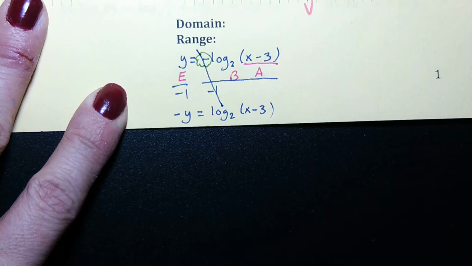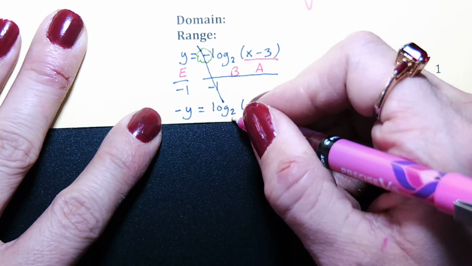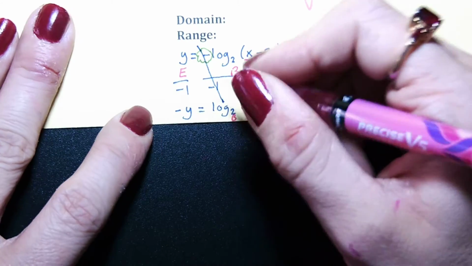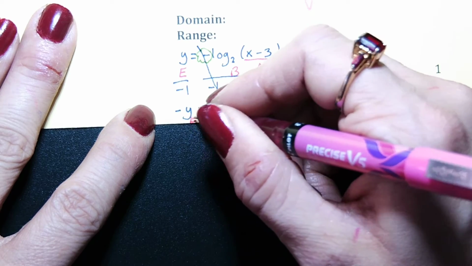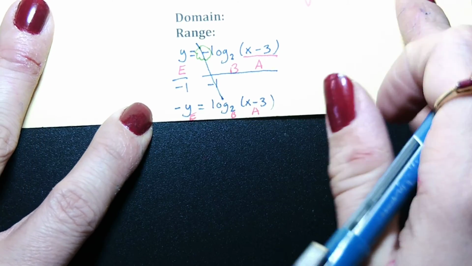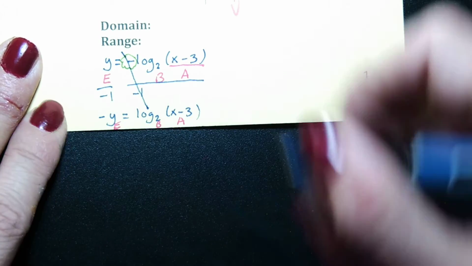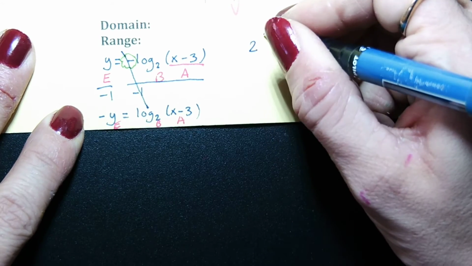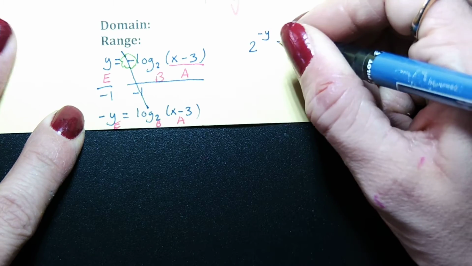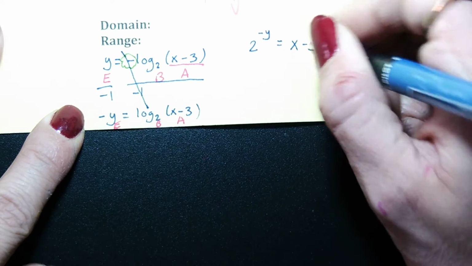So now we have big base 2, animal x minus 3, and ears negative y. So in exponential form, we'll have 2 to the negative y equals x minus 3.